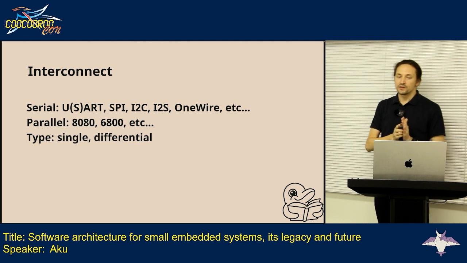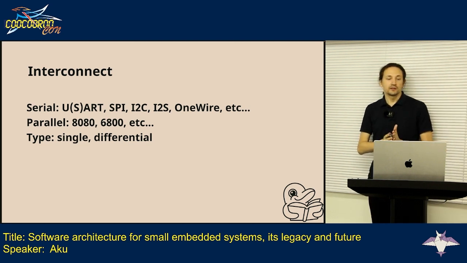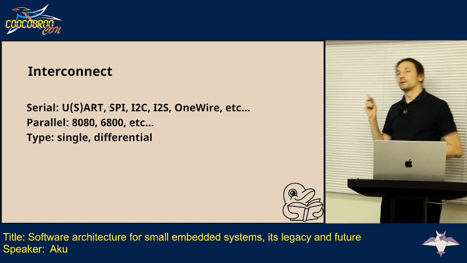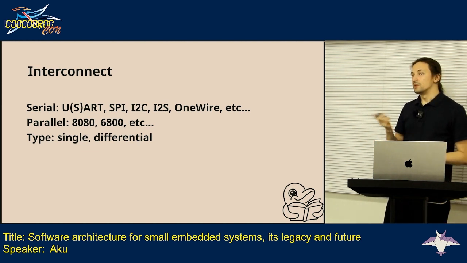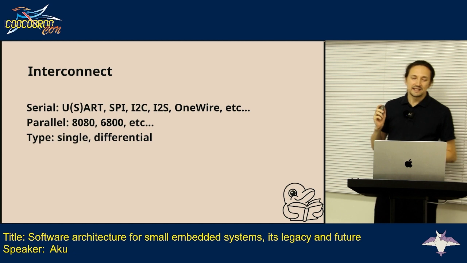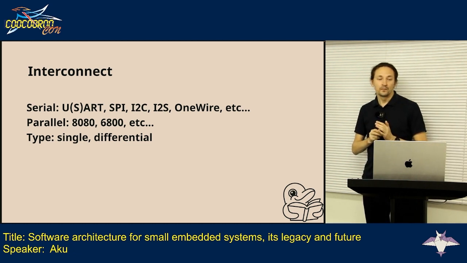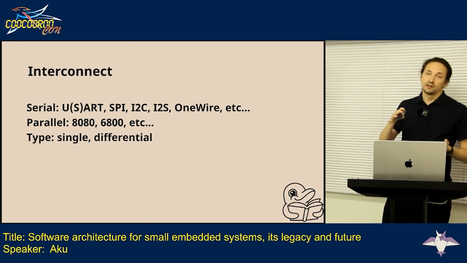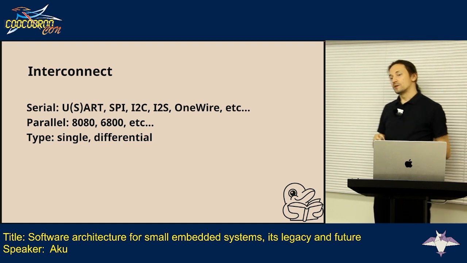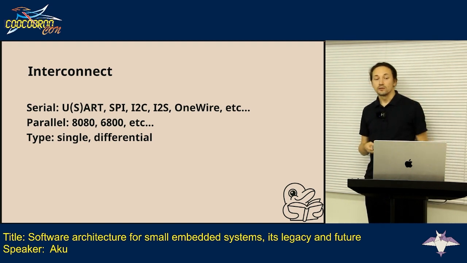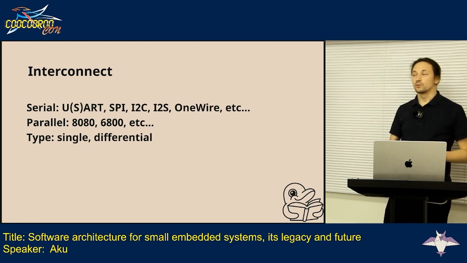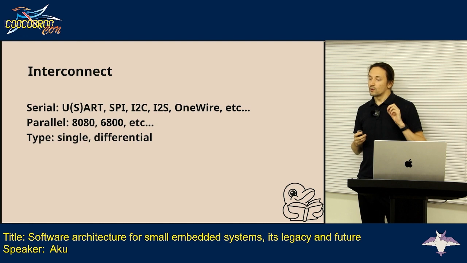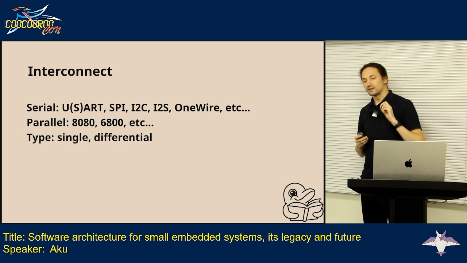And there are all kinds of parallel buses like 8080, 6800 for connecting displays or legacy things, and LVDS. All those buses can be either just a single wire with high level and low level, or differential with the appropriate front end to handle all those noises and subtract them.